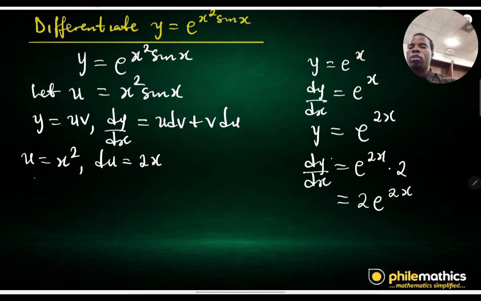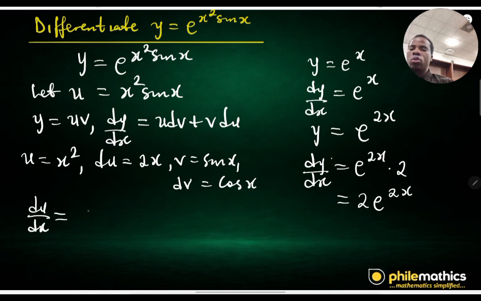And if we call v as sine x, then dv is simply cos x. Now, to our problem, if we differentiate u, du/dx, this will give us our u is x squared, our dv is cos x, our v is sine x, our du is 2x.